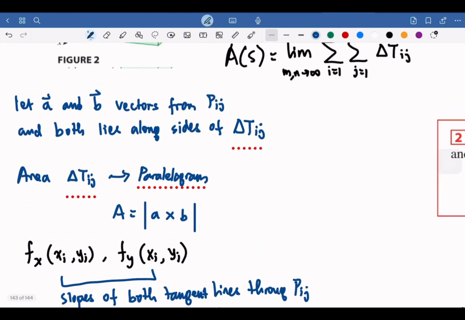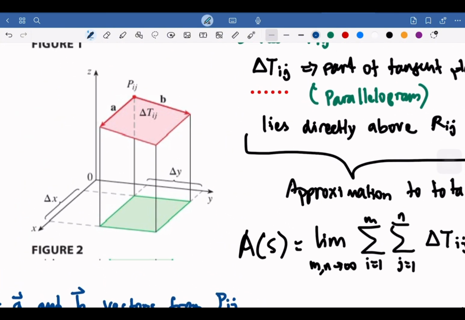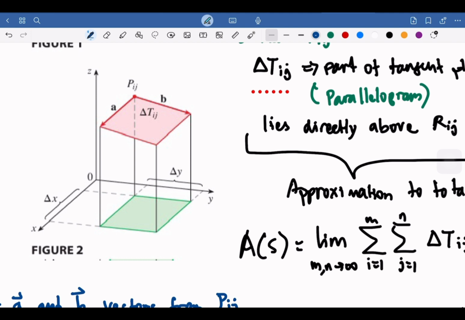So if we look at this, the projection has the delta y for this y here, and a small delta x.